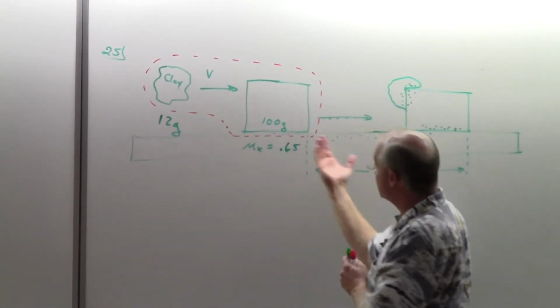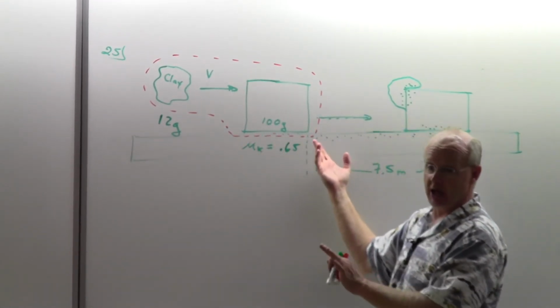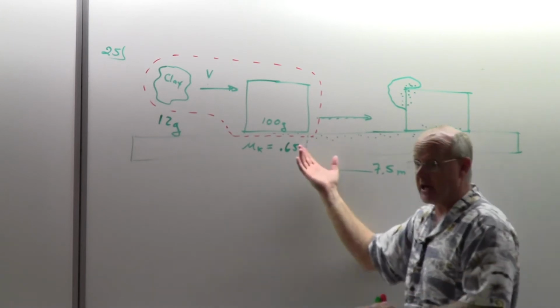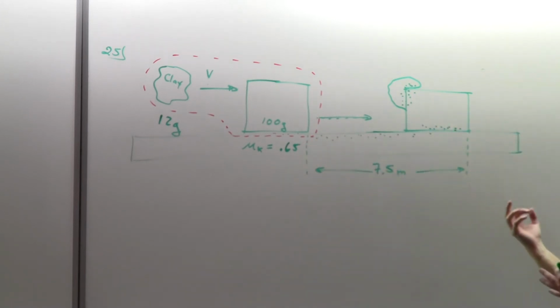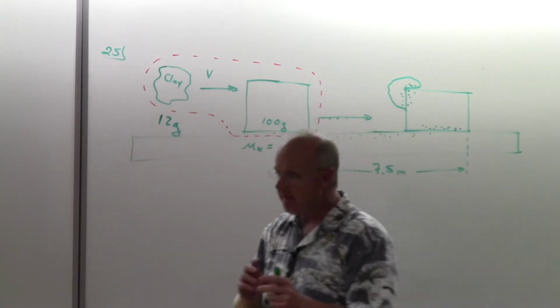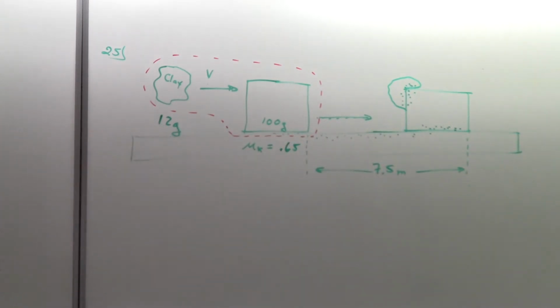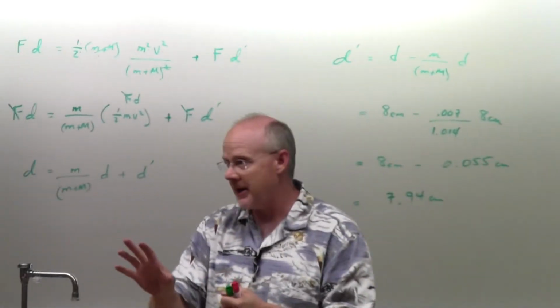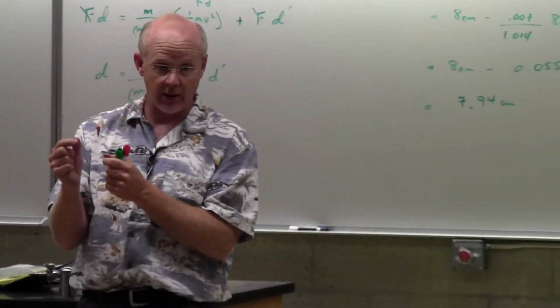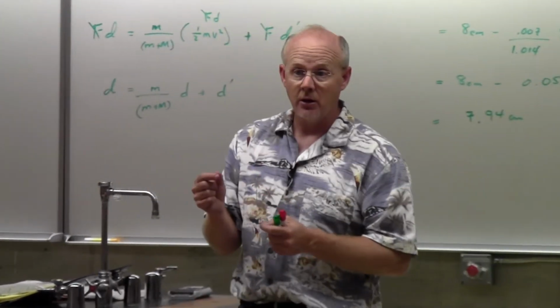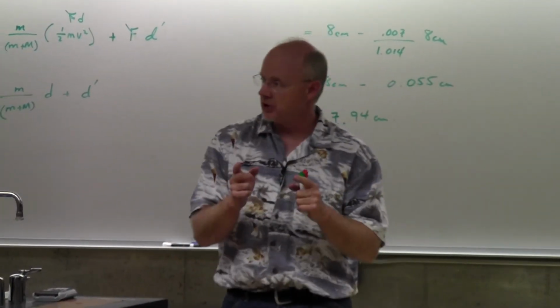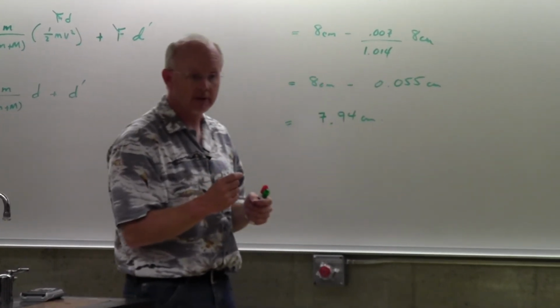Now, if it starts to slide 1 meter, then it's lost some momentum, and by the time it has slid 7.5 meters, it's lost all of its momentum. So take advantage of that little instantaneous scenario, where we haven't really had any friction yet. There's no sliding going on here. So, right before versus right after.